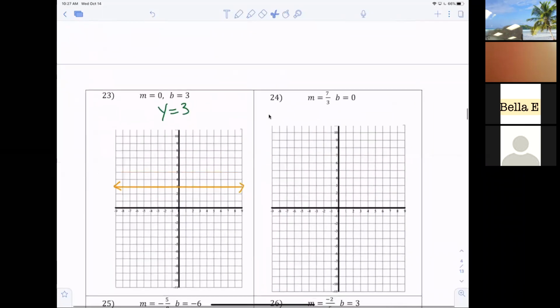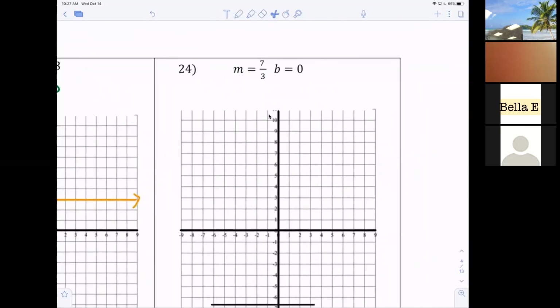All right, 23. Or I'm sorry, 24. So what's that equation going to be? 24. Come on, girls, someone tell me something. Nobody knows that equation. Tell me.